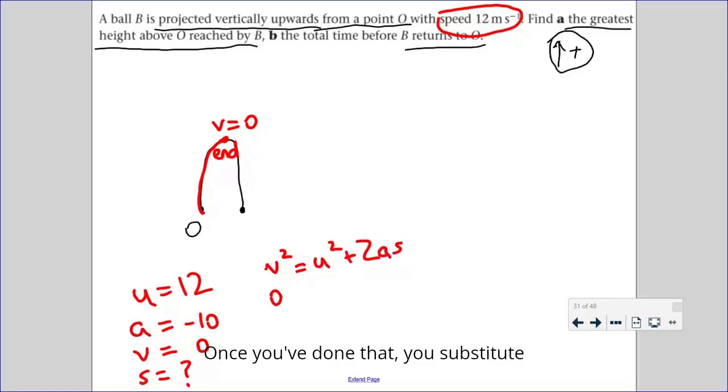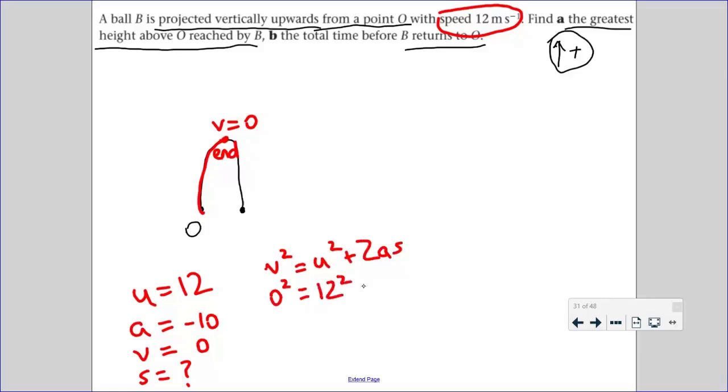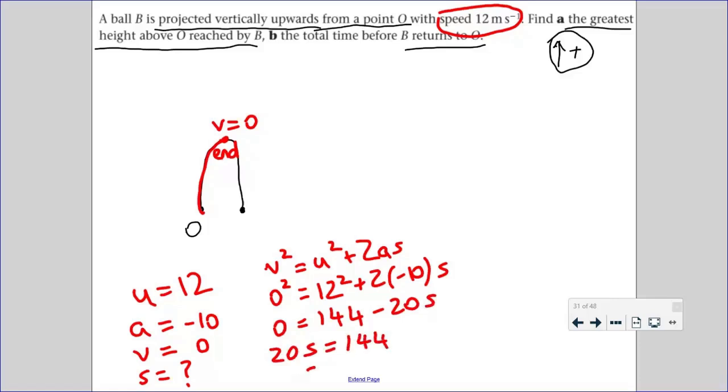Once you've done that, you substitute your values. Okay, so the greatest height reached by the ball is 7.2. Right, that is your part A done.